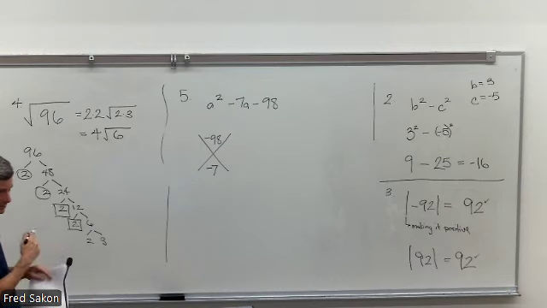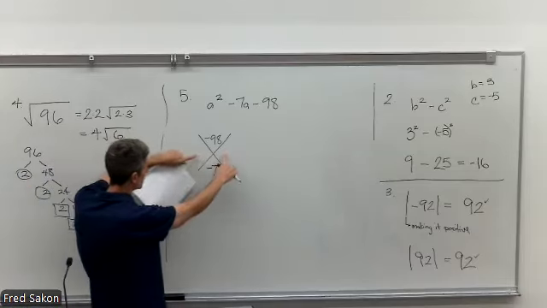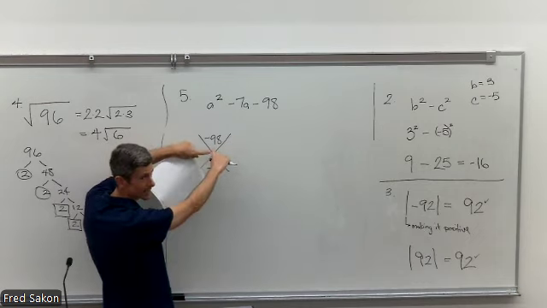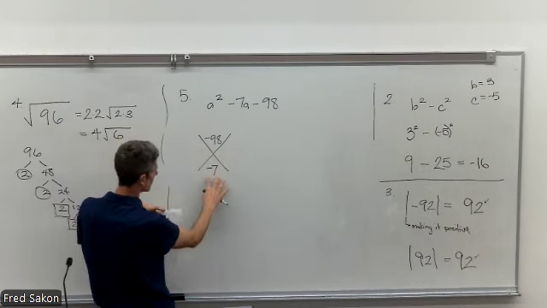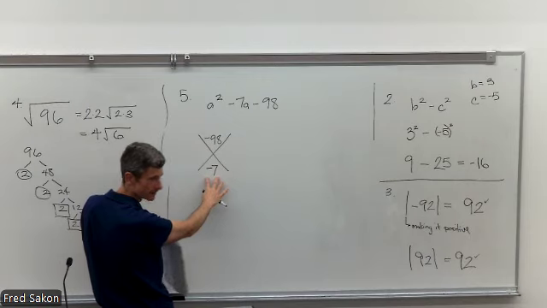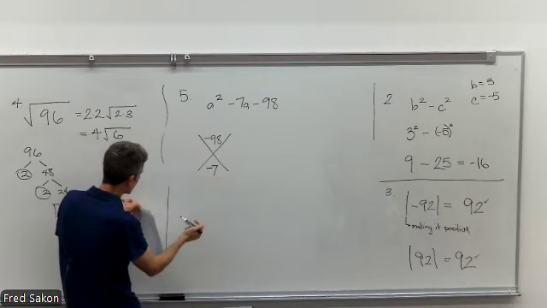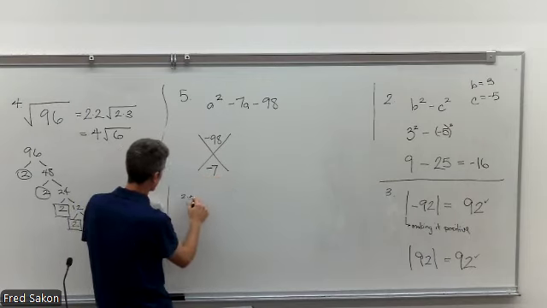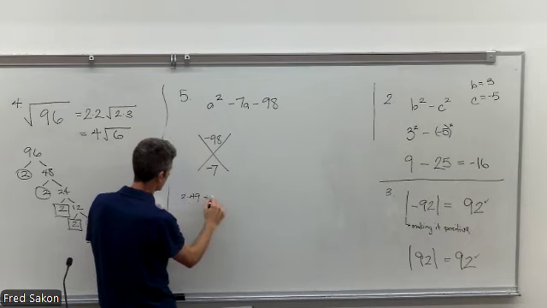Isn't there a difference? So factors that multiply up to 98 and then subtract to 7. So we tried 2 and 49. Their difference is 47.